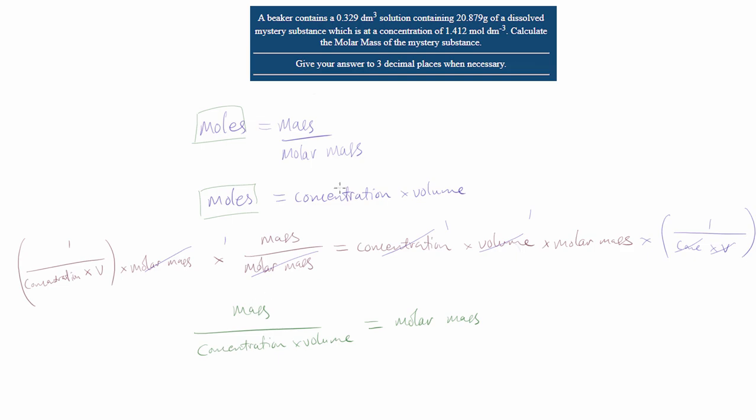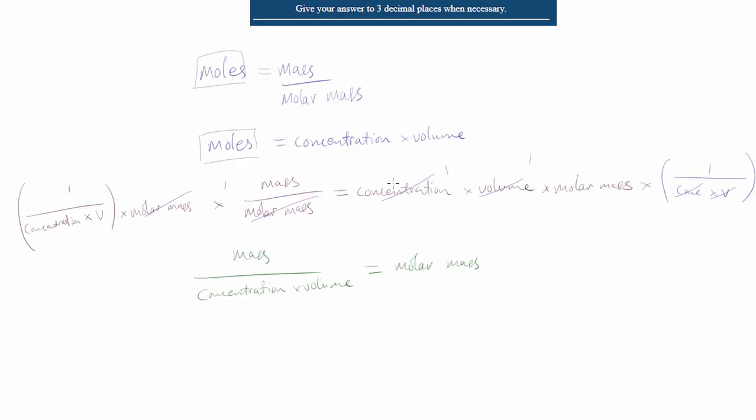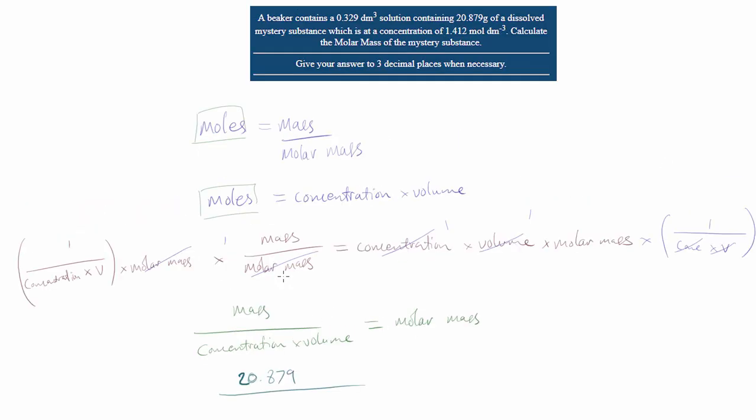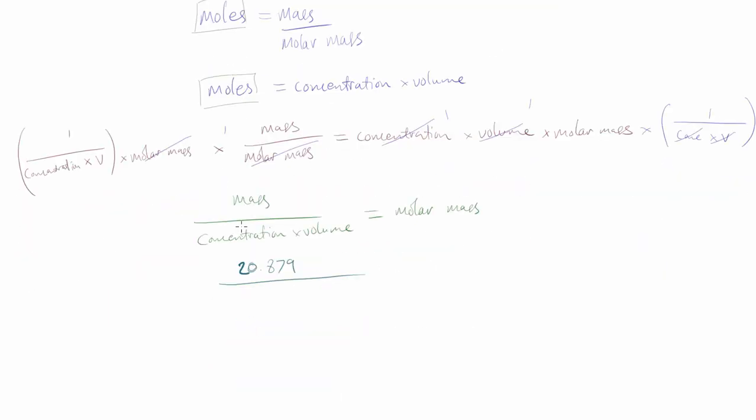Our mass here is 20.879 grams, so 20.879, divided by the concentration, which is 1.412.